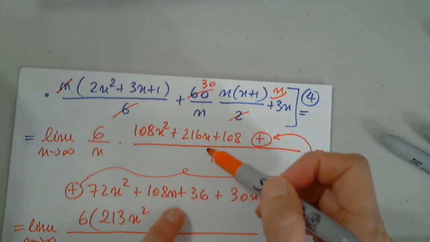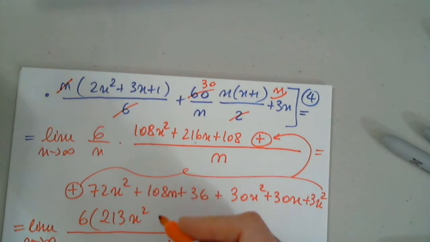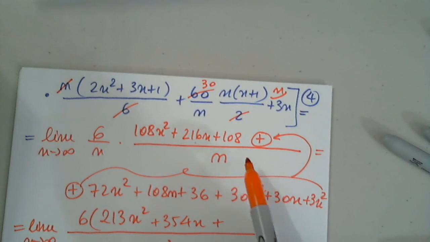So 216 plus 108 plus 30, so 354n plus just 108 and 36. I think that's it. So this is 144.